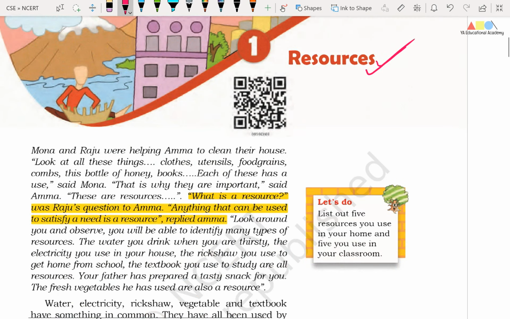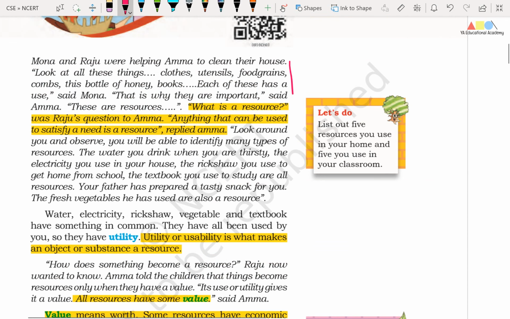Friends, here with an anecdote, the children are trying to know the meaning of resources and what are the uses of resources. Friends, water, electricity, rickshaw, vegetable, and textbooks have something in common. What is that? That is, they have utility.